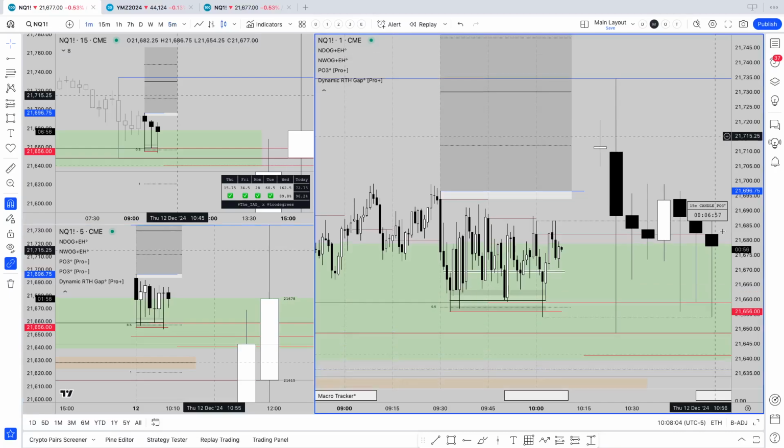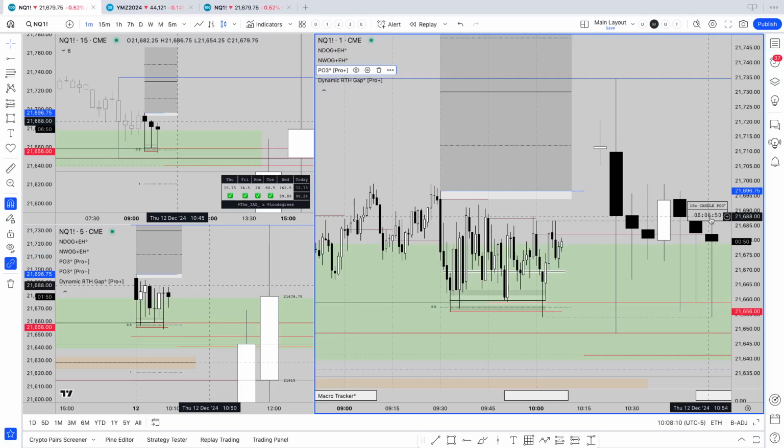I like to have a countdown for the candle because you can see the time that the candle has available. We have 6 minutes for the next 15 minute candle to close.